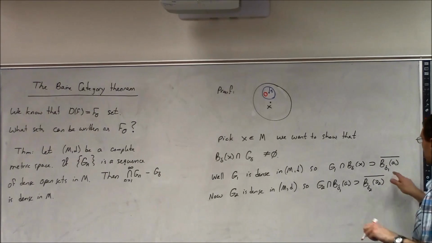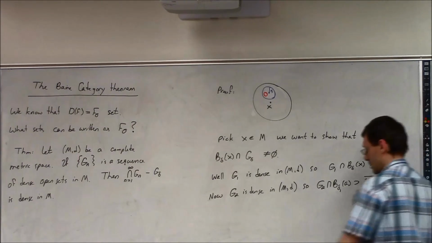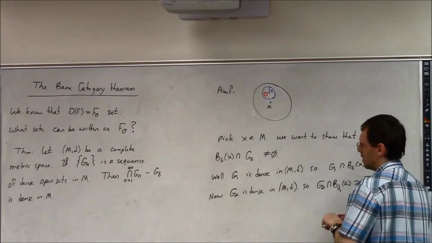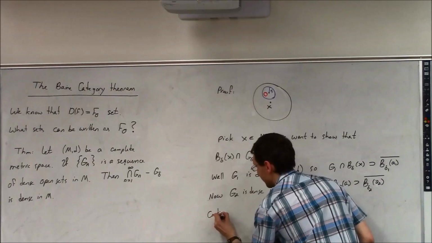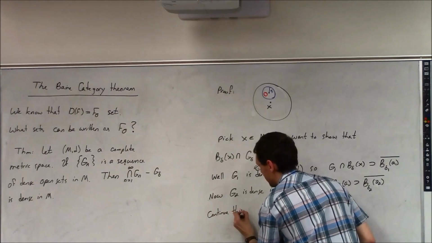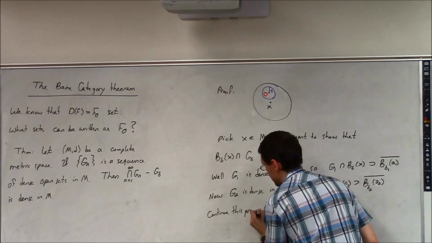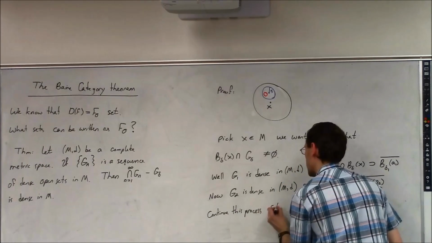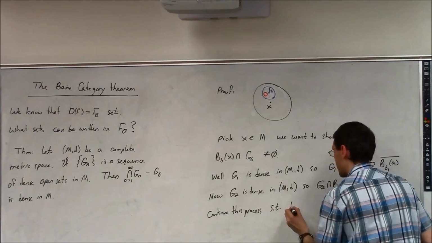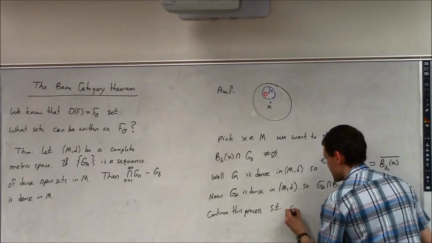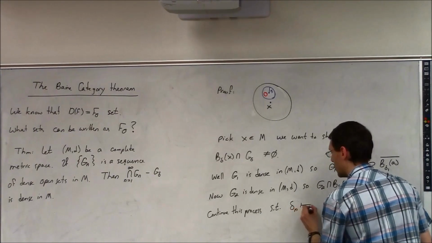Now I'm going to select the diameters. So continue this process, such that delta n goes to 0.